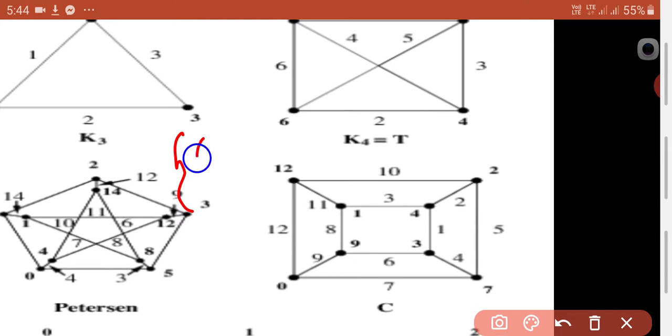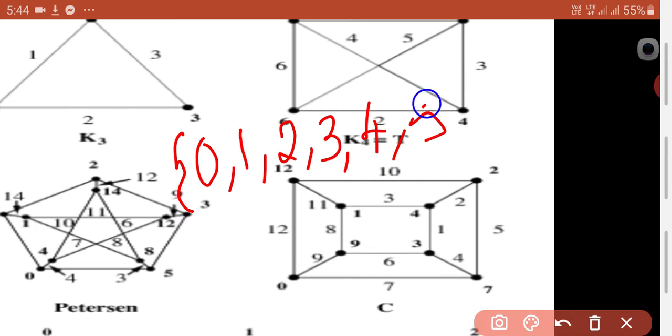So for the vertex set, we use a subset of the numbers 0 to 6.